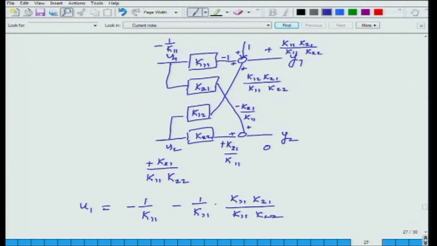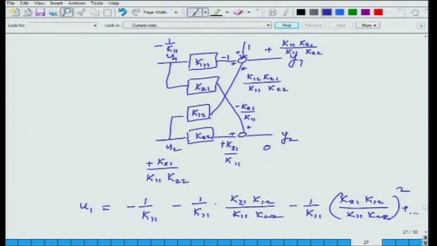And then if I do it again, what I will get is k12 k21 divided by k11 k22 whole square, plus and so on and so forth.